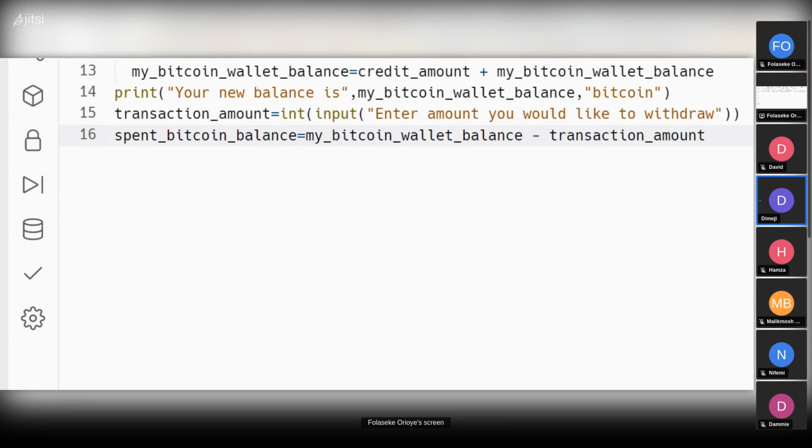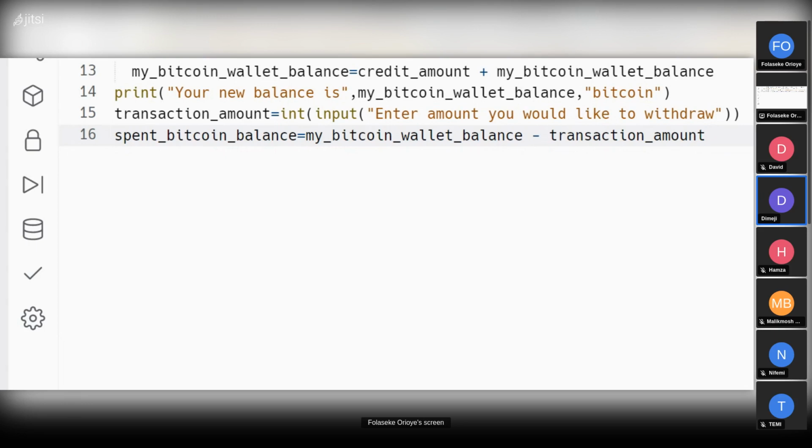The spent Bitcoin balance is not giving much meaning. It should be something around remaining balance. What that line is doing is saying that after we've subtracted the transaction amount from our wallet balance, what is left is the spent Bitcoin balance. Do you agree, everyone?